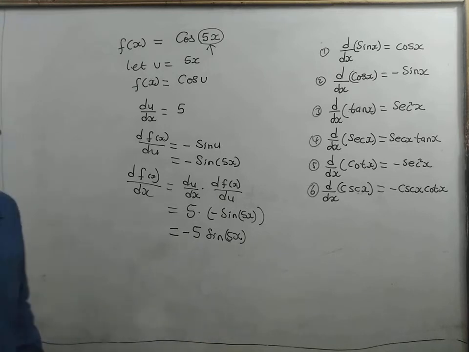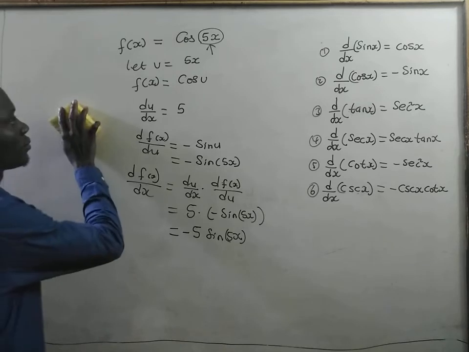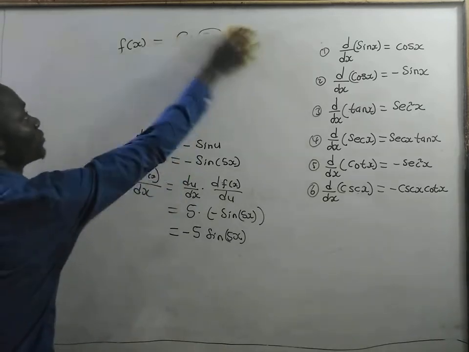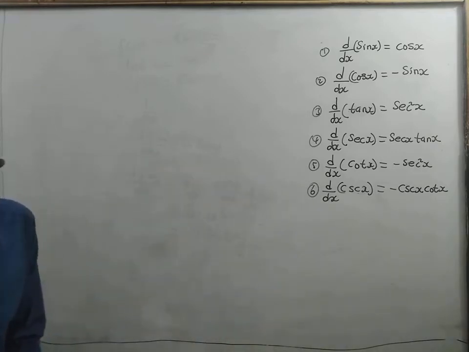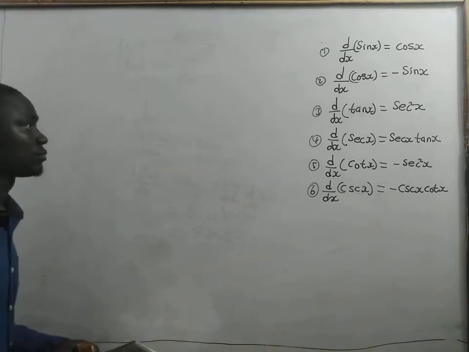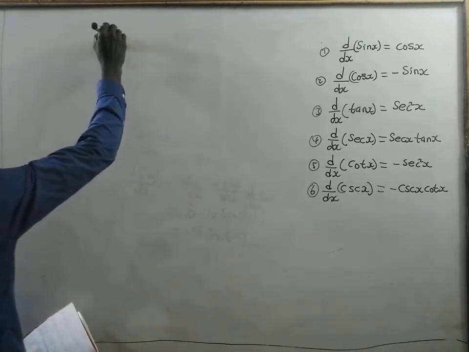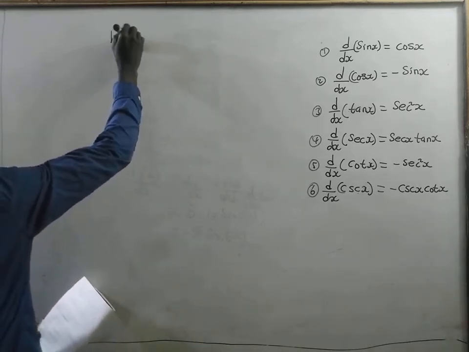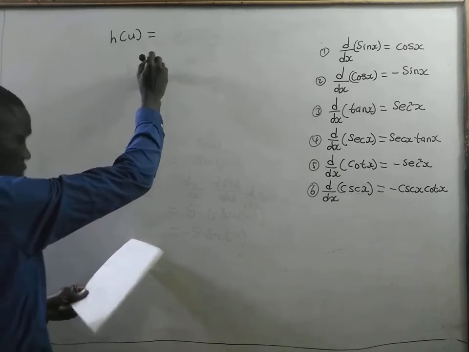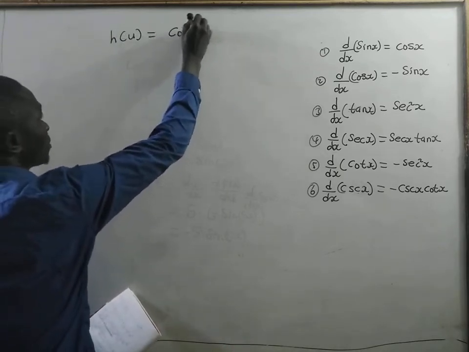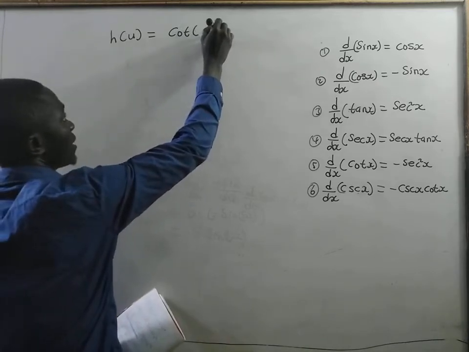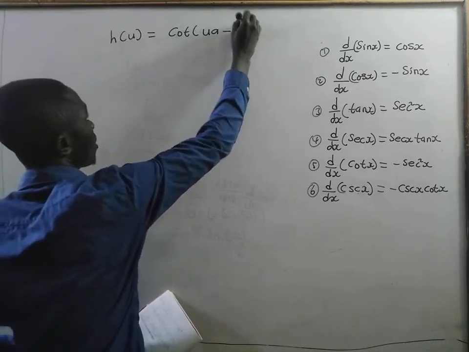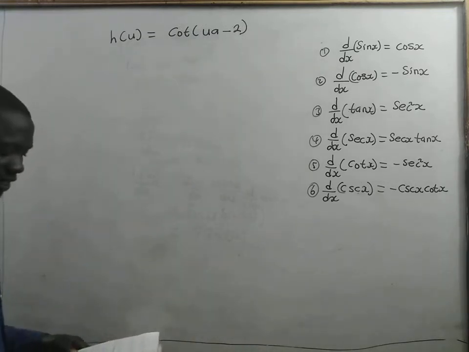Okay, let's take another question. Now, if we consider h of u to be equal to cot of (ua minus 2). Now, how do we differentiate this one?